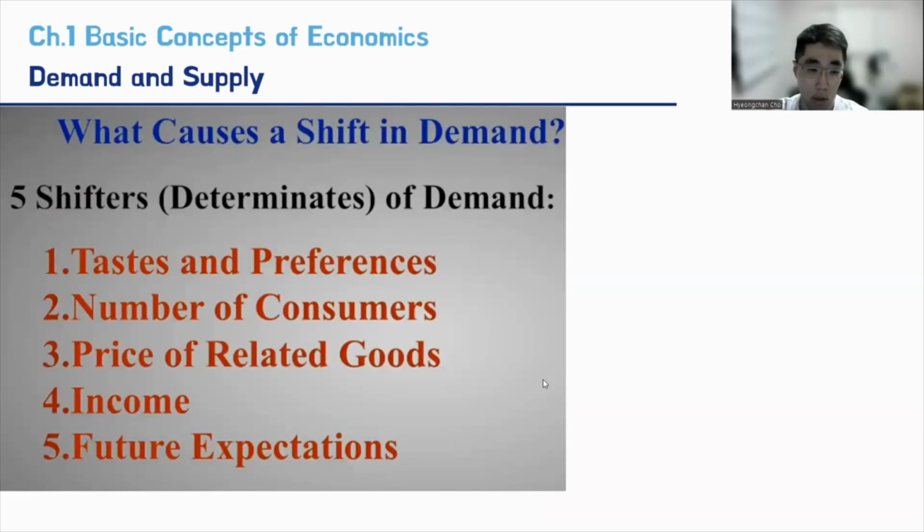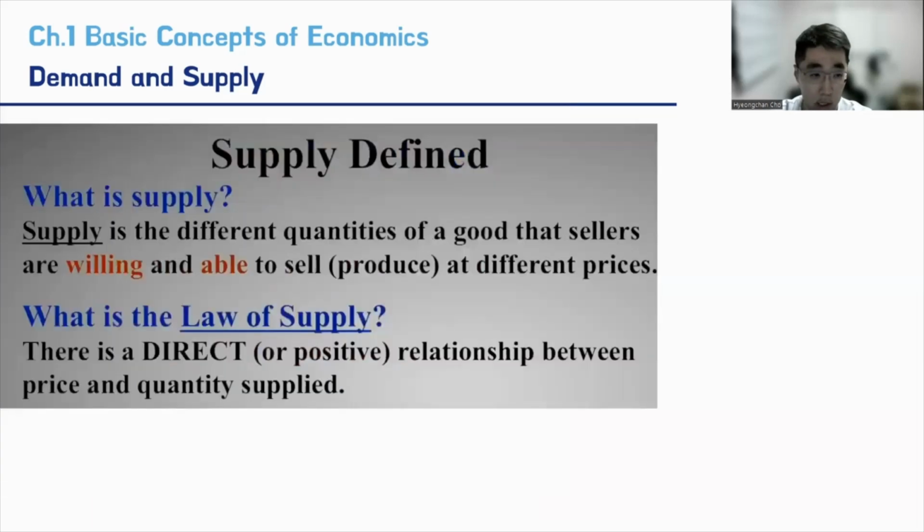So here are the 5 shifters. As I said, you guys can easily check these things. It's not quite important for the things that I want to inform you about today.